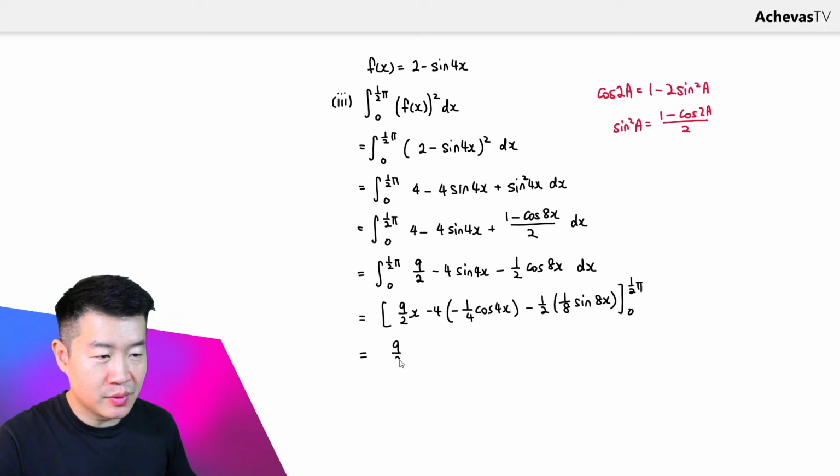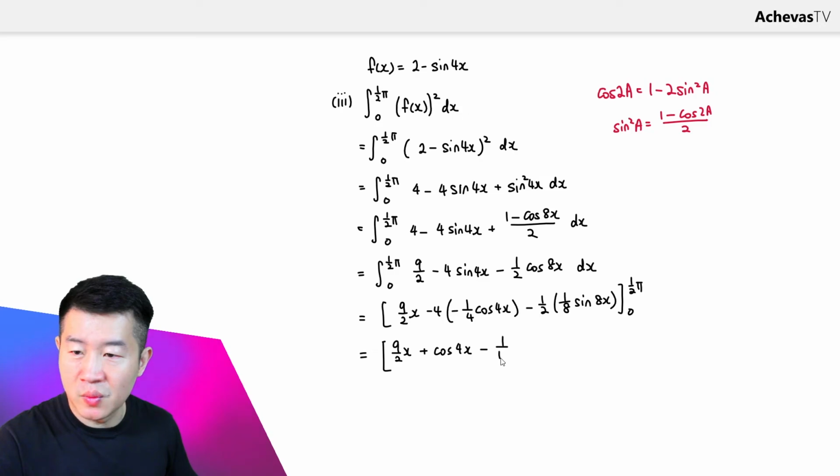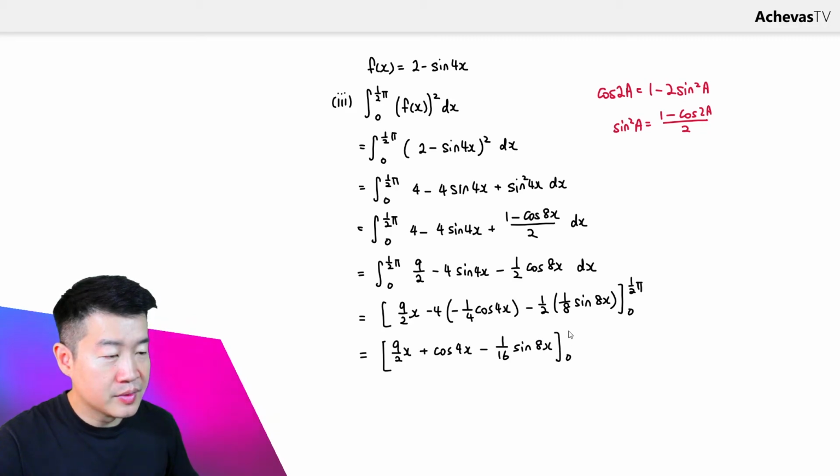So this, I'm going to just write as it is. For this, it is going to be plus cosine of 4x, and this is going to be minus 1 over 16 sine of 8x from 0 to half pi.